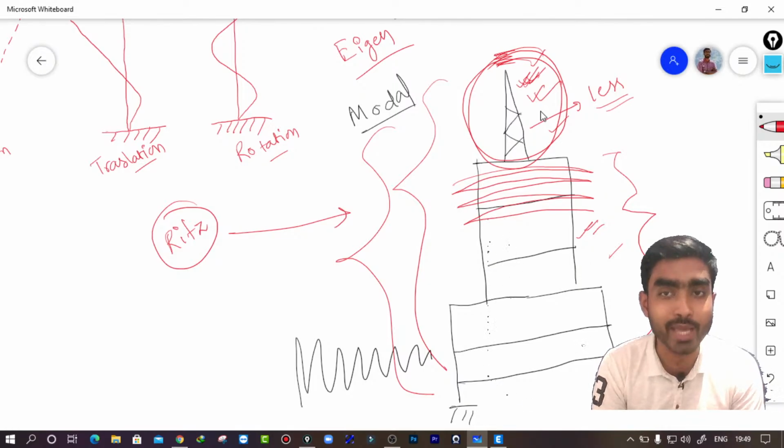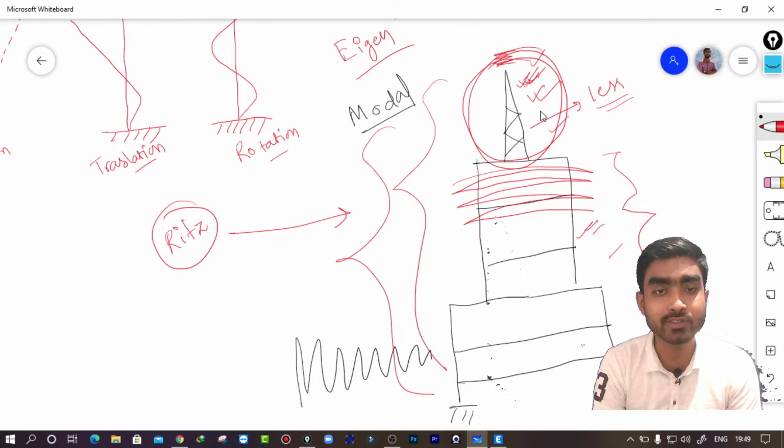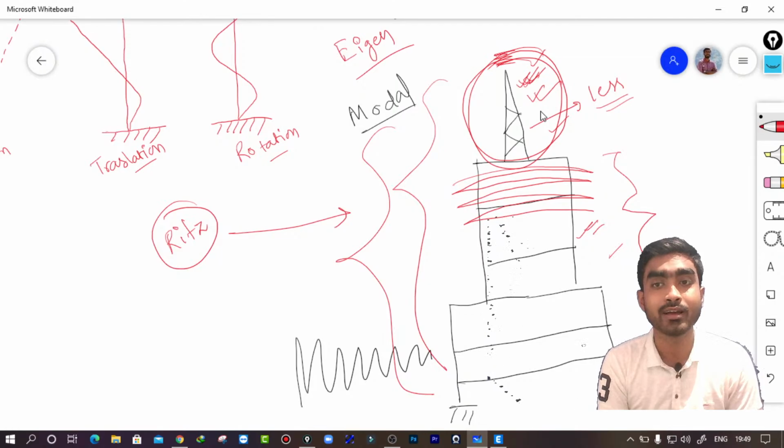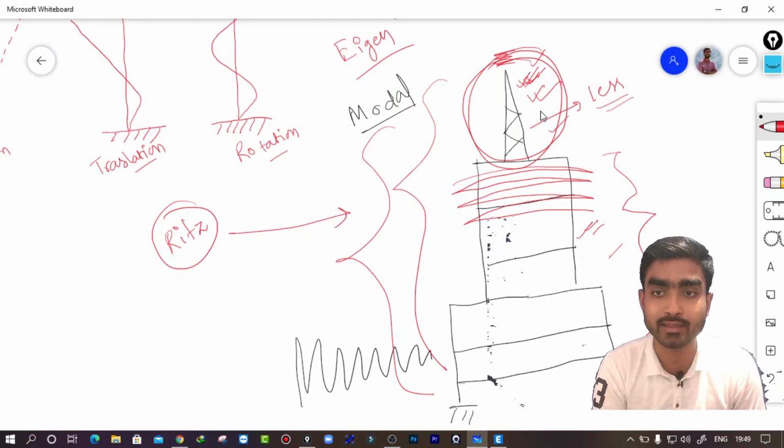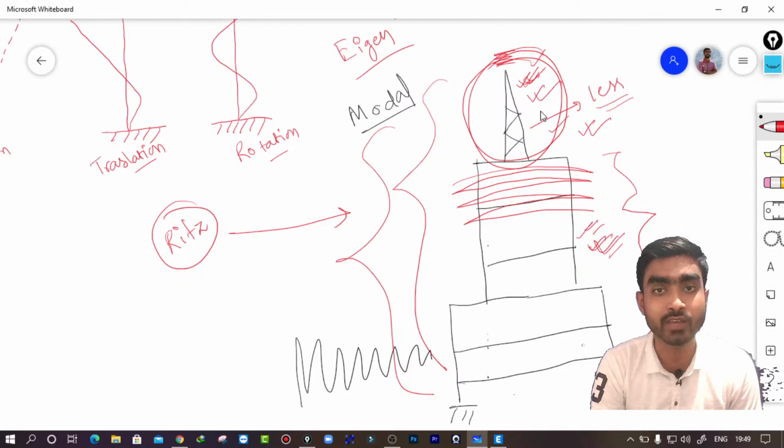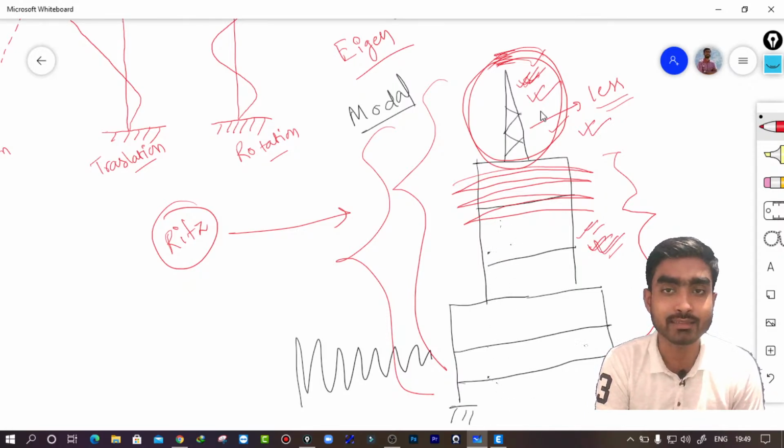So rather than comparing it, it gives you the mean of the result. You can say it calculates the movement and the mass participation for this structure and for that structure, and gives you a cumulative value. So in such cases, you should always go with the Ritz vector.